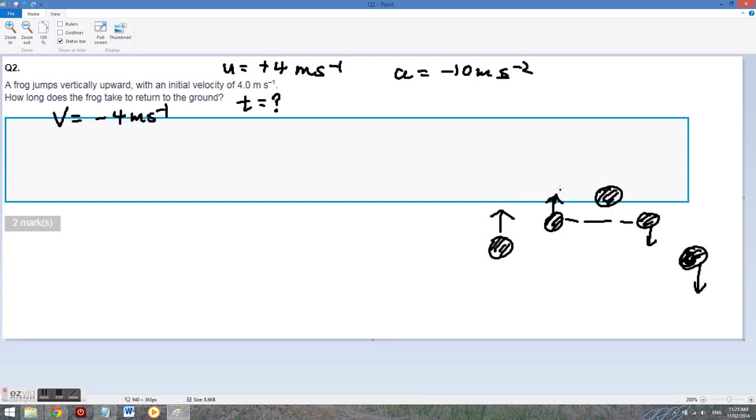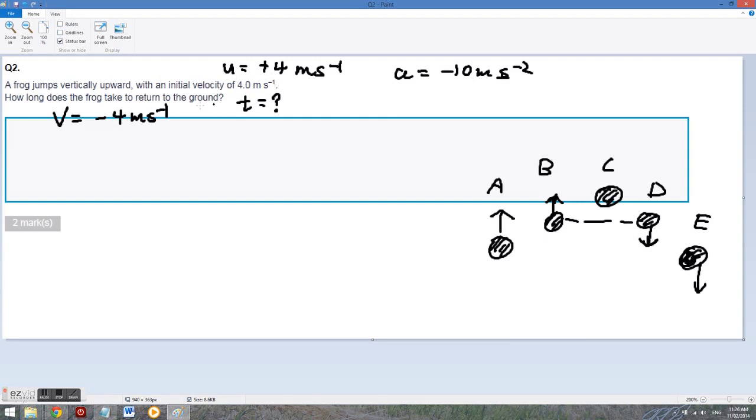So when it drops through this height, say positions A, B, C, D, E. If position B and position D have the same height, when it drops down they should have the same speed, but in the opposite direction.